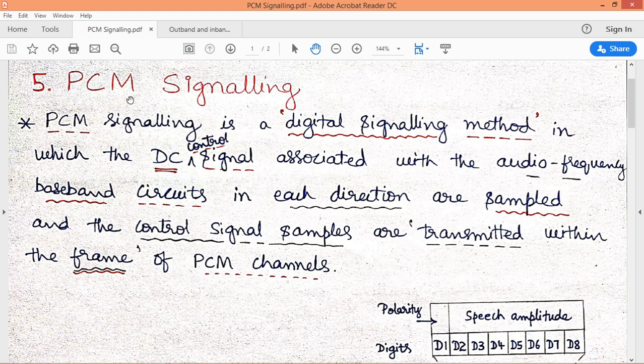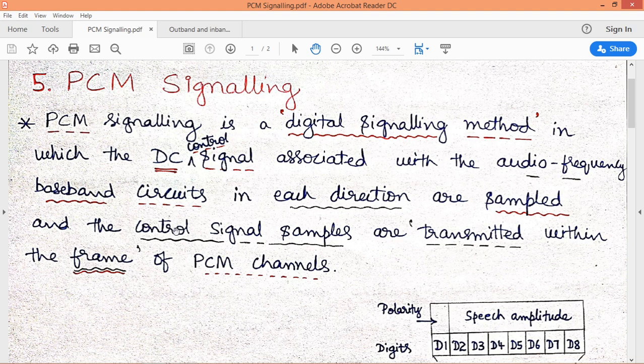So in this PCM signaling, we convert the DC control signal into a digital signal with the help of sampling, and then it is transmitted over the medium. Once we convert this control signal into a binary signal, whatever we obtain is stored inside a PCM frame.